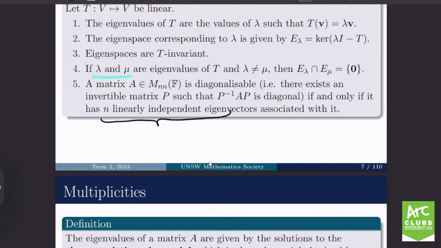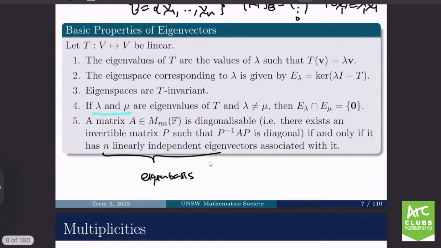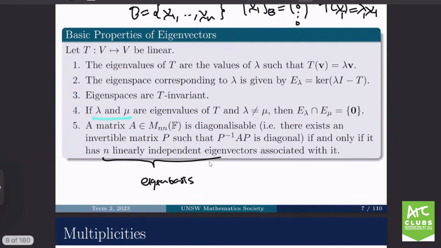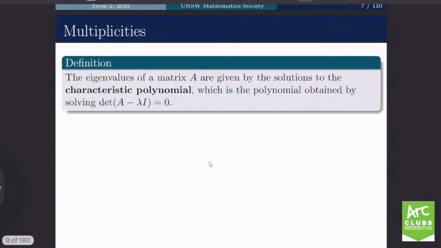Because if we're working in an n-dimensional vector space and we have n linearly independent eigenvectors, then we have a basis of eigenvectors, and therefore we can diagonalize the matrix because its representation with respect to the eigenbasis will be a diagonal matrix. And we'll look at this idea of diagonalization in a bit more detail soon. But before we do that, let's look at another definition.